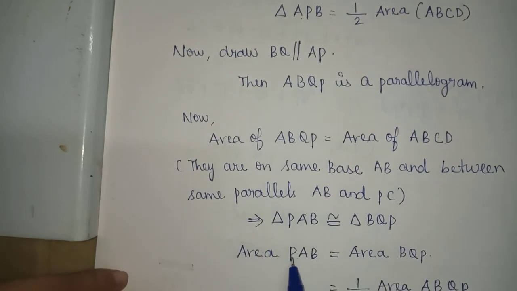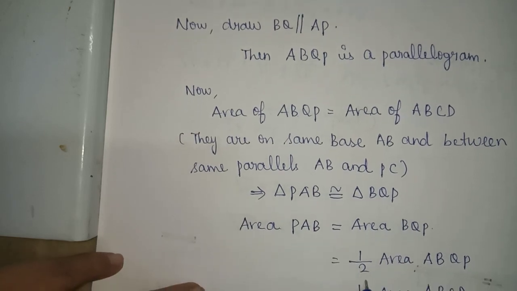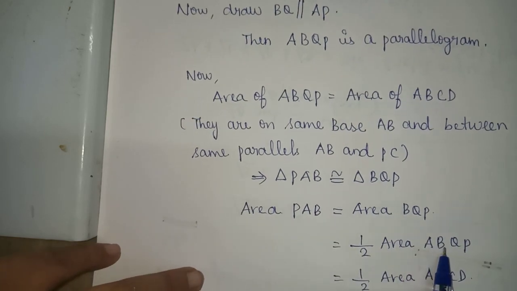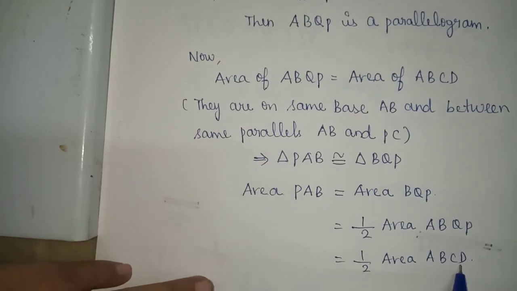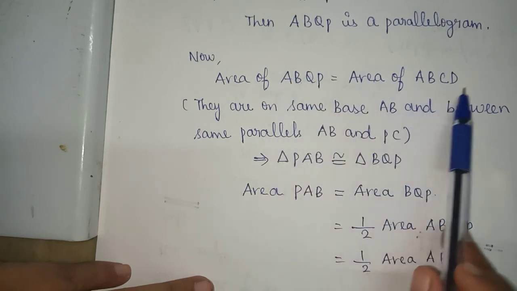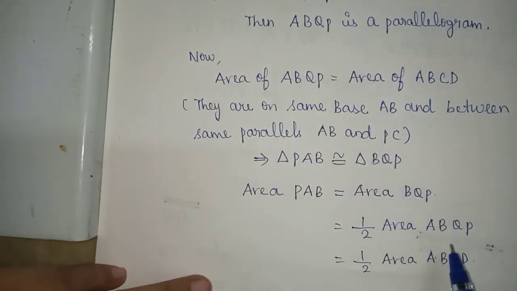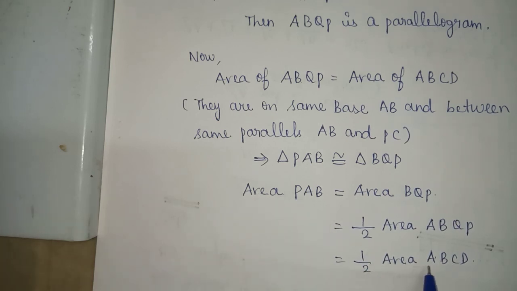Therefore area PAB is equal to area of BQP, which is equal to half of area of ABQP, which is equal to half of area of ABCD, because area of ABQP is equal to area of ABCD. So hence we proved that area of triangle PAB is equal to half of the area of parallelogram ABCD.